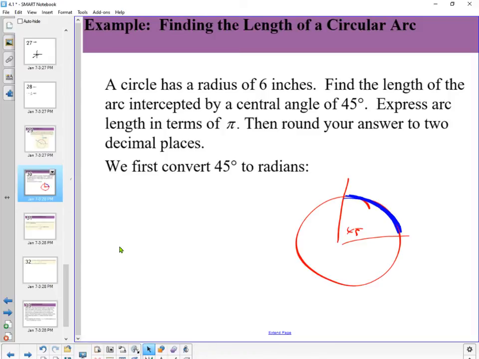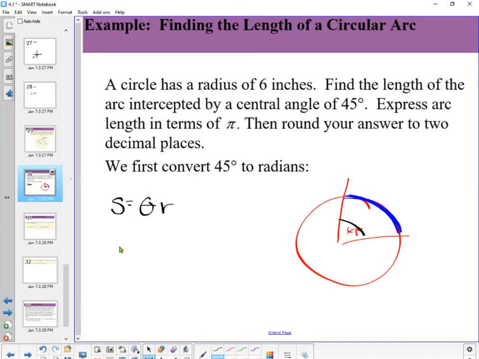And you can just use your formula for that. You need me to write the formula again? Do you understand what we're after? We want this distance, and I gave you a formula for that. The formula, I believe it was S. You're going to multiply the angle, in radians though, by the radius.